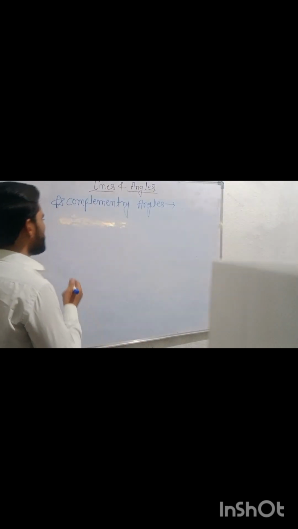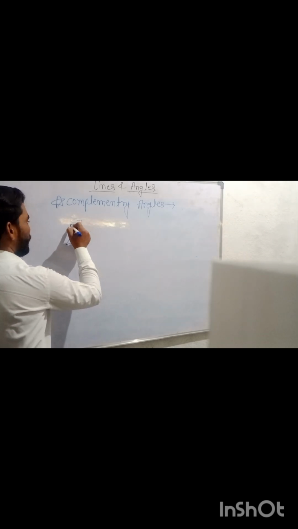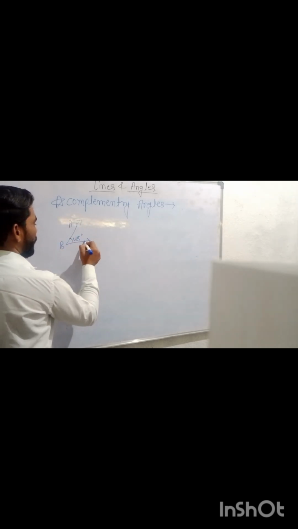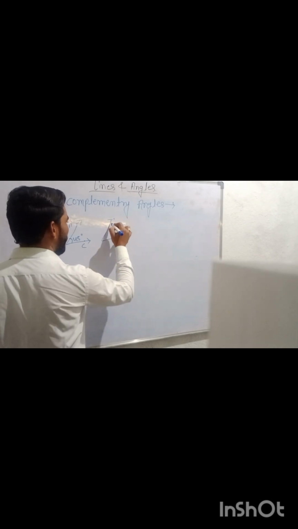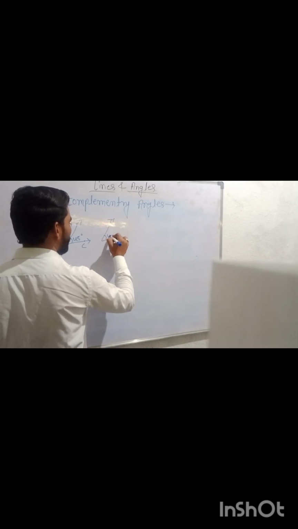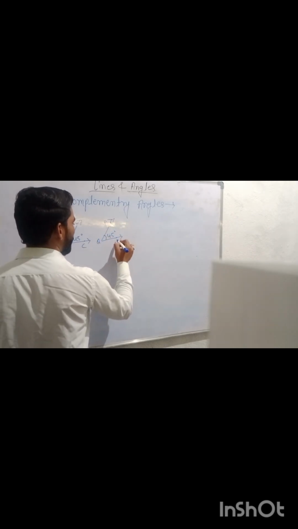Let's take some examples. You can see here a 45 degree angle, ABC, right? And the second one is also 45 degrees, PQR.